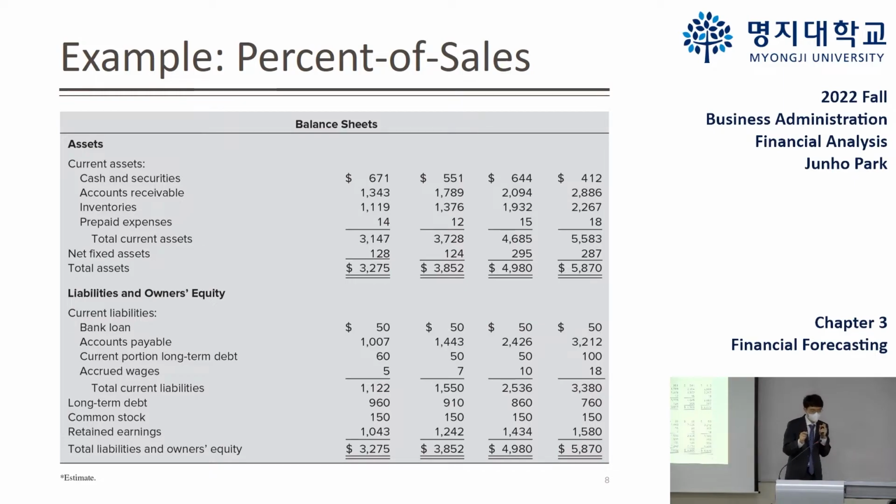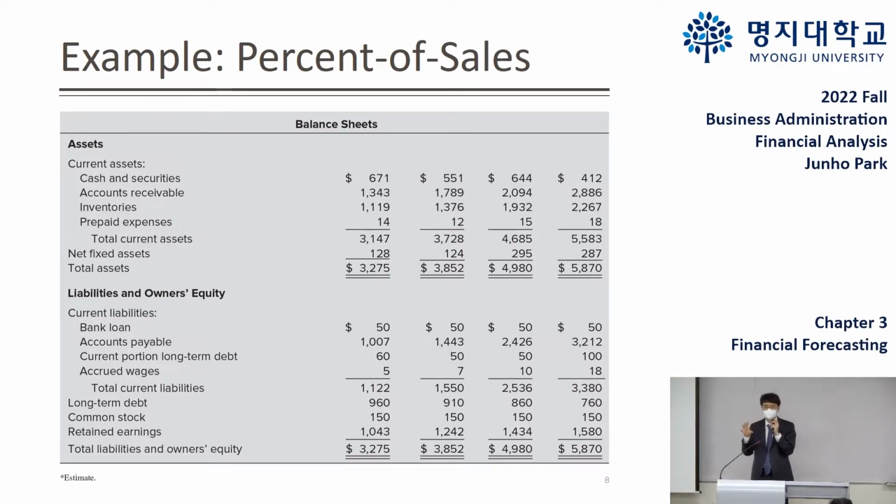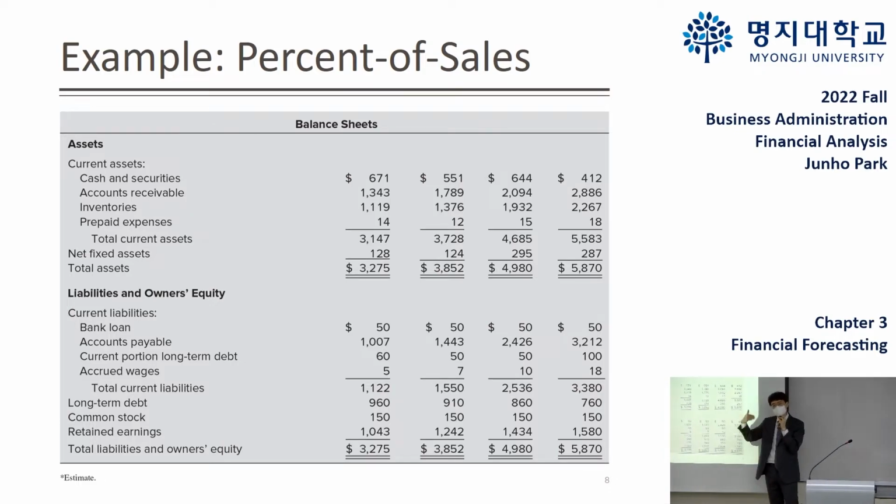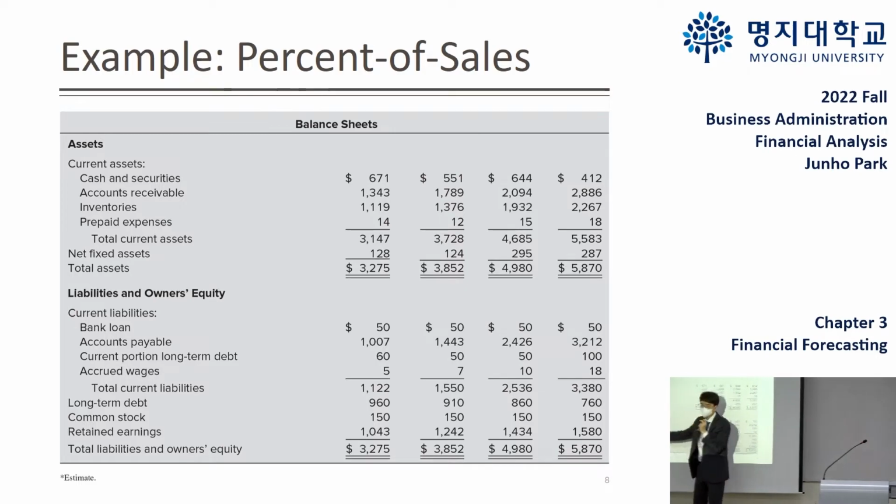However, if it does not increase that much, then you don't have to buy another factory. You can just use your current factories, but you are going to use it more often. So when your sales increase, it does not always mean that you have to increase your fixed assets.